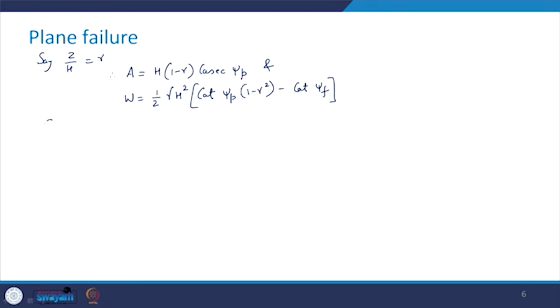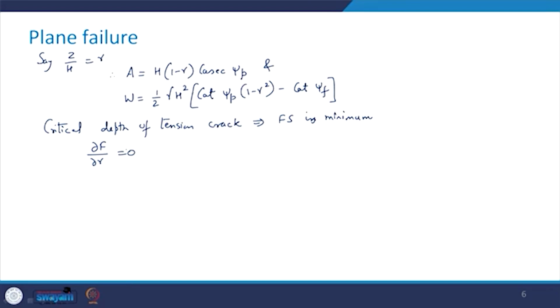Now, critical depth of the tension crack we will get when this factor of safety is minimum. So, in order to make the factor of safety minimum, we can write that del F del r is equal to 0.